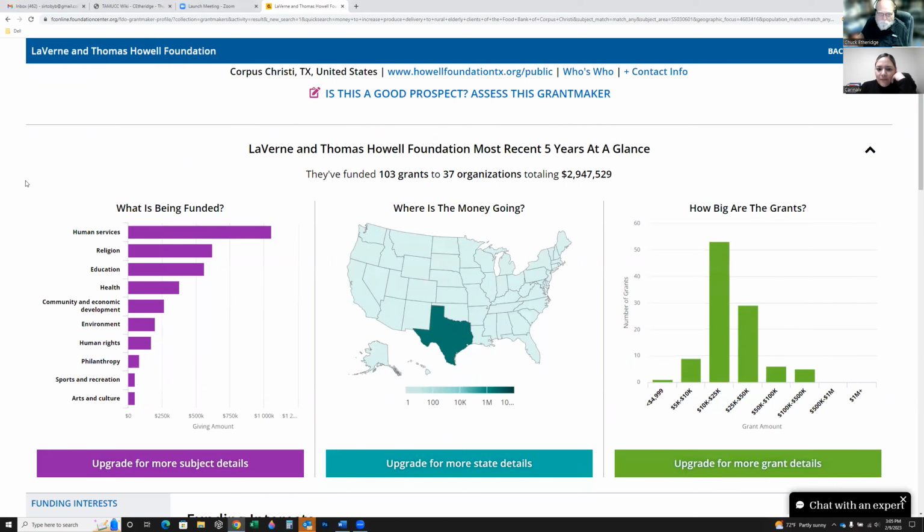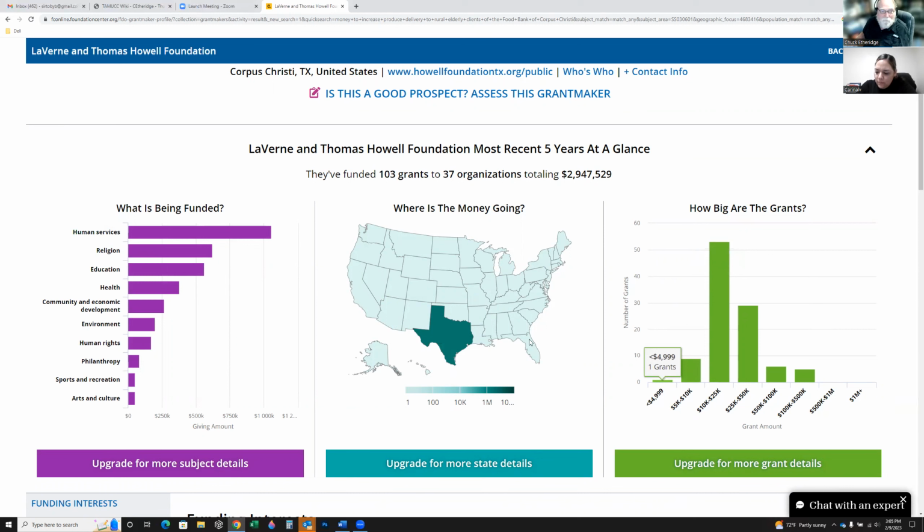So what we're doing is human services, and we're asking: do they fund what we do? Do they fund where we are? Is the dollar amount appropriate? And what's the deadline? What's the time frame? So the kind of work we're doing, broadly speaking, is human services. So yes. They give exclusively in Texas, it looks like. So yes.